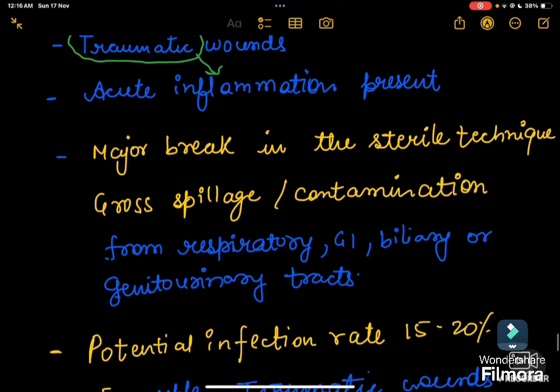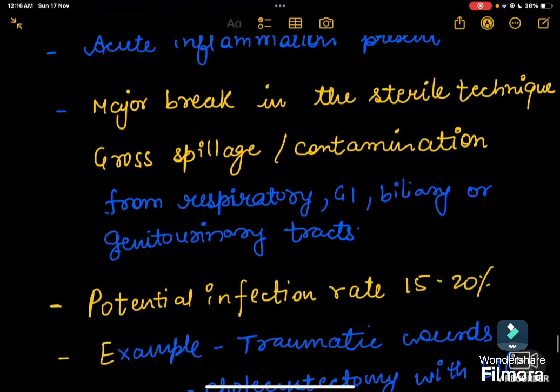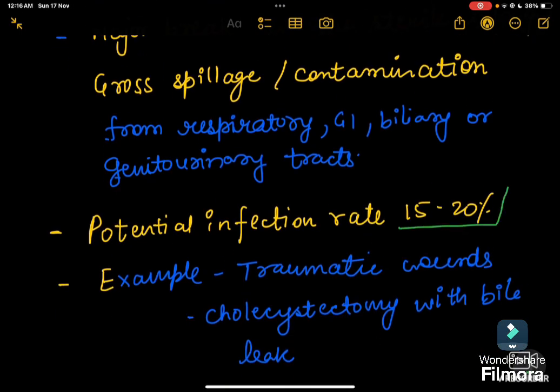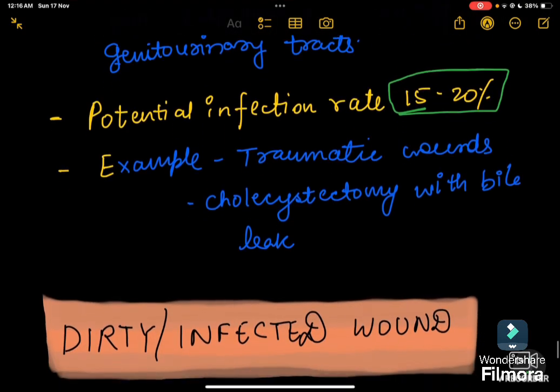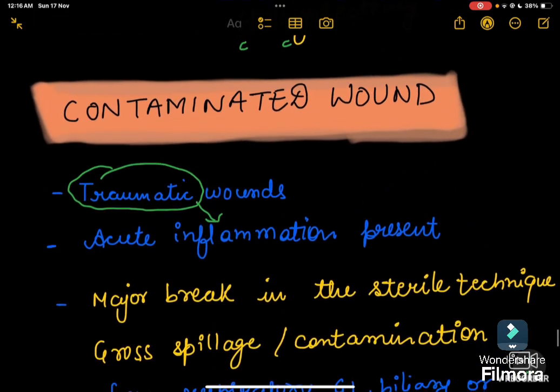Gross spillage and contamination will be found from all the tracts like GI, biliary, respiratory, genitourinary tracts. Infection rate is higher, 15 to 20%. Examples of these wounds will include traumatic wounds and cholecystectomy with bile leak. Earlier, cholecystectomy was a clean contaminated wound, but if cholecystectomy is with bile leak, it will come under contaminated wound.